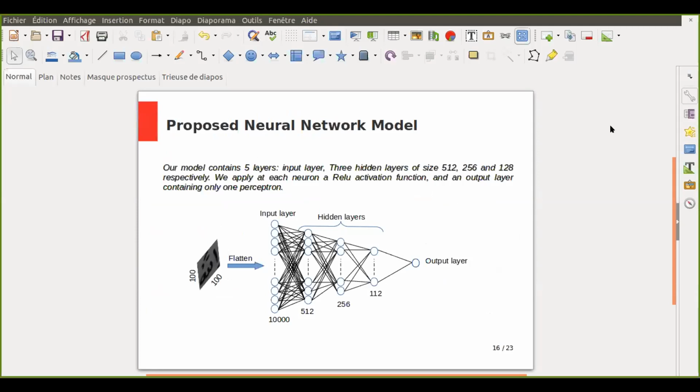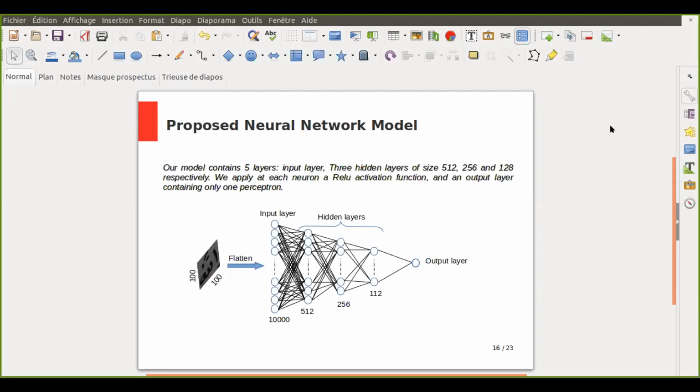Yes, and did you compare the results obtained with different, for example, hidden layer sizes, 500, for example, 256? Did you compare the results or not? I didn't understand you.